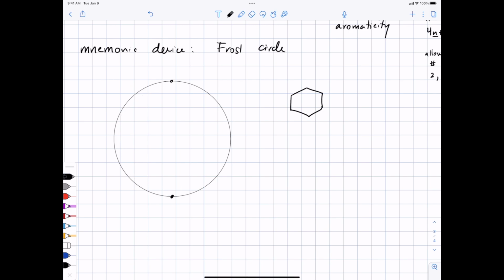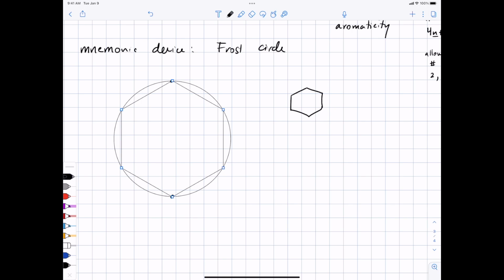and then you just inscribe a regular polygon, a hexagon, in the circle. Okay, you draw a hexagon and inscribe it in the circle.